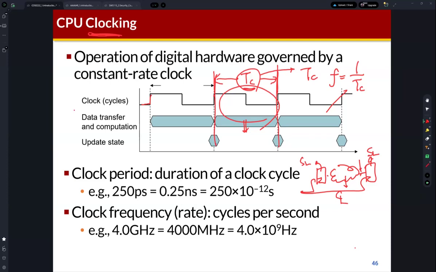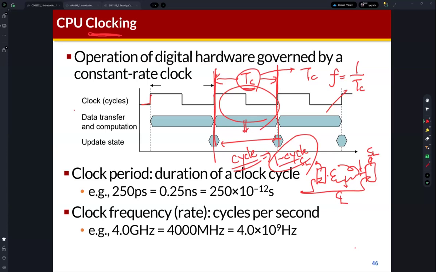This amount of time is called a cycle. So this is actually one cycle of a clock. Frequency represents the number of clock cycles per unit time.